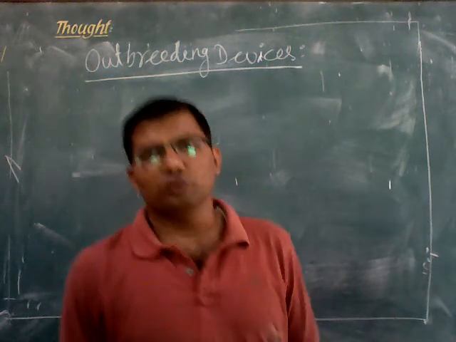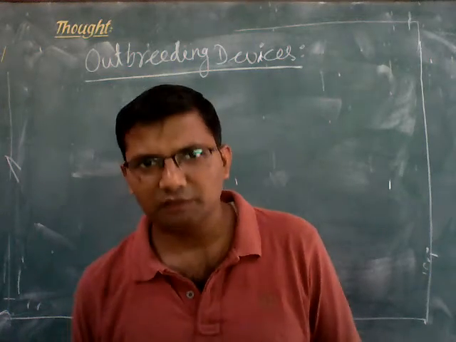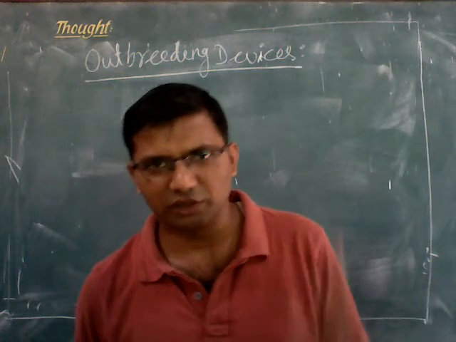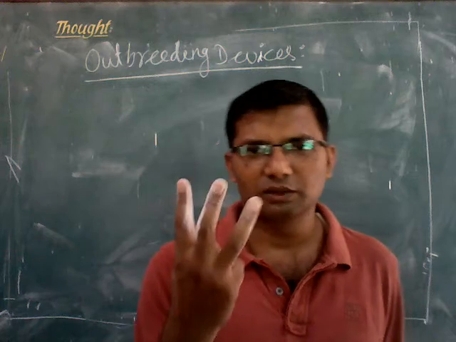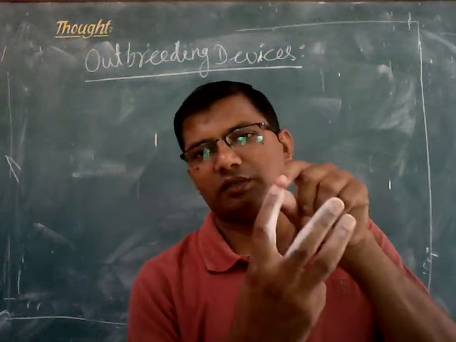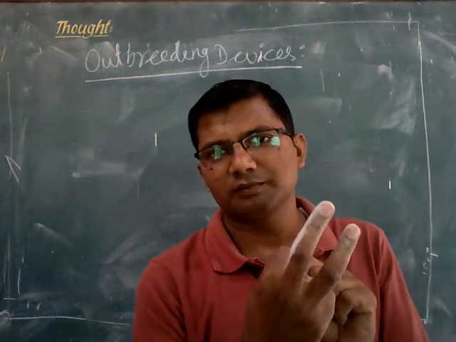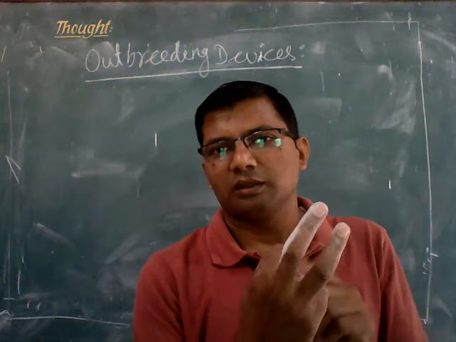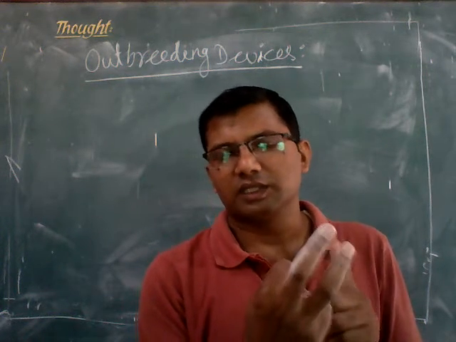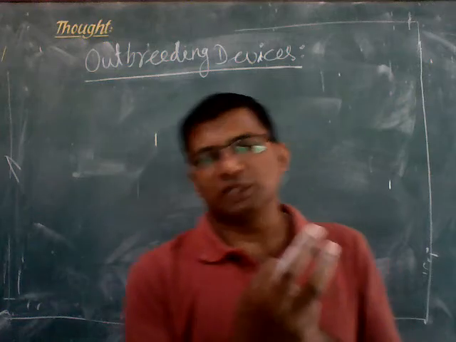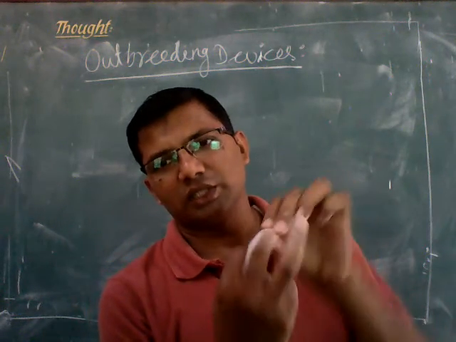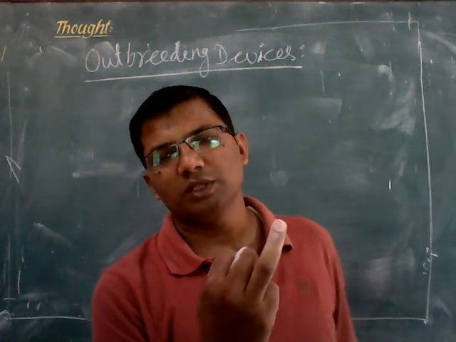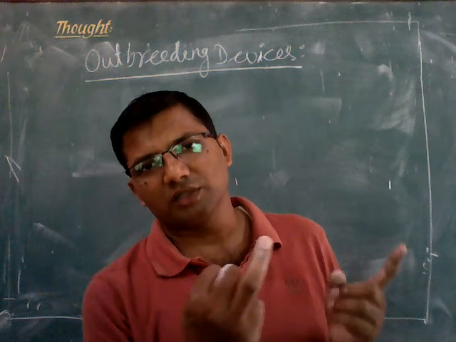So as you all know, whenever there is pollination, there are three kinds of pollination we can see. The first is autogamy, where the pollen from the same flower is transferred to the stigma of the same flower. Then there is geitonogamy. What is geitonogamy?